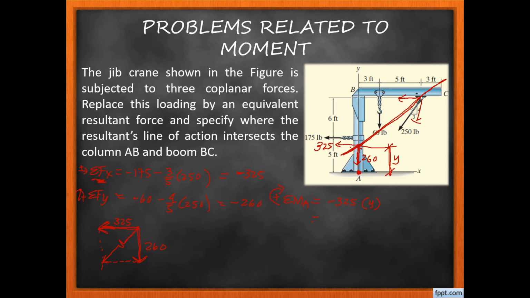So that is also equal to the moment produced by our original forces, which are the 175, the 60, and our 250. So when we solve that, let's say without our resultant force, we have summation of moment at A, taking clockwise as positive still. So we have negative 175 multiplied by our moment arm of 5 feet, and then we have clockwise, so we have plus 60 times our moment arm, so we have 90 degrees there, so 3, and then our y component for that force is equals to 4.